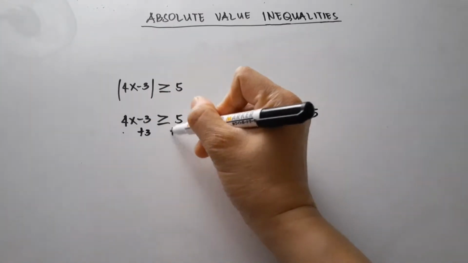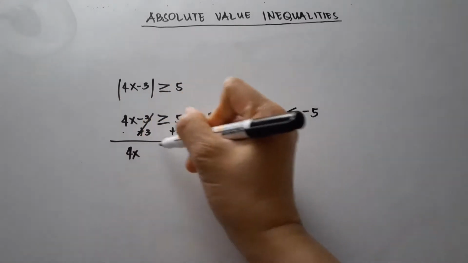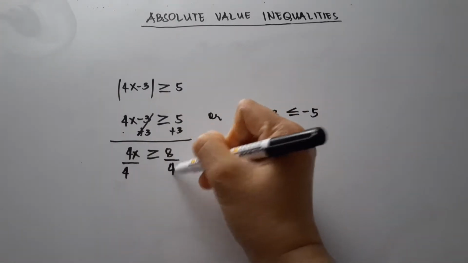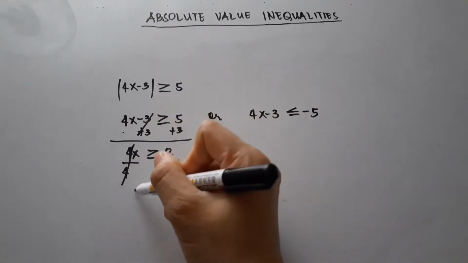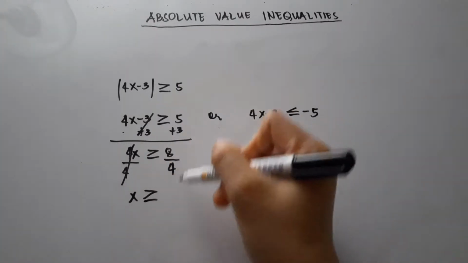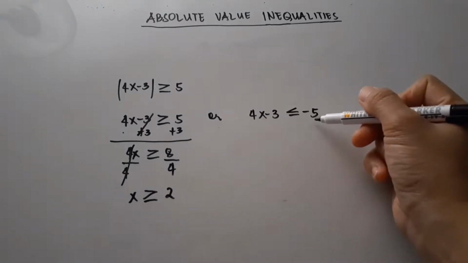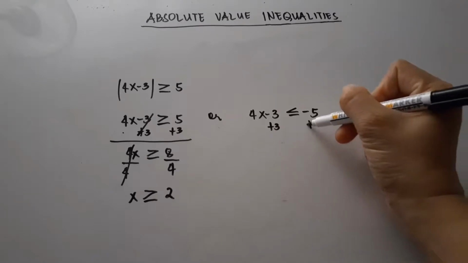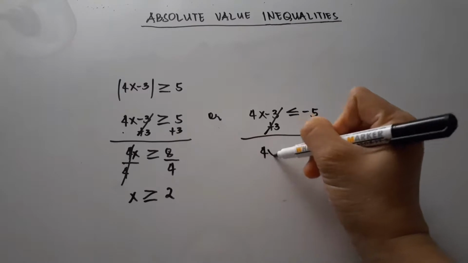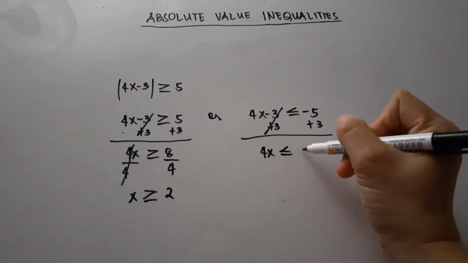In the positive case, we add 3 to each side, so the 3 cancels out and the remaining is 4x. Then we divide each side by 4. Therefore, x is greater than or equal to 2. In the negative case, we add 3 to both sides, cancel out the 3, and the remaining is 4x.